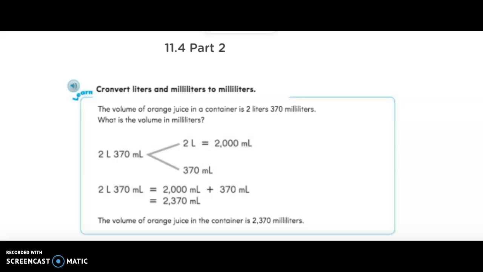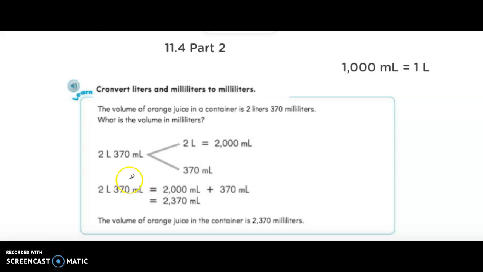So the first example we're going to look at is: the volume of orange juice in a container is 2 liters, 370 milliliters. What is the volume in milliliters? If we think back to our last lesson, we learned that 1,000 milliliters equals 1 liter, and remember to capitalize those L's.